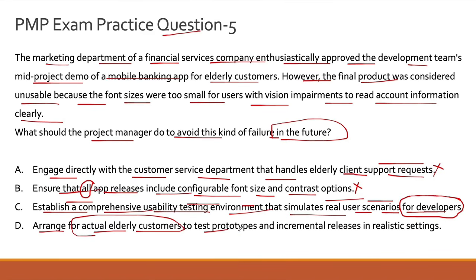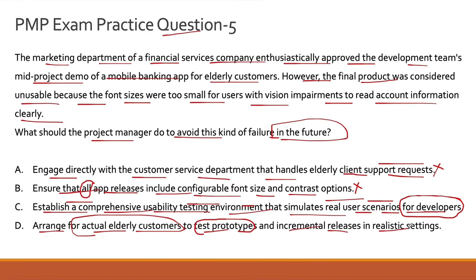To test prototypes, again, links back to our concept of MVP or minimum viable product, or MMF or minimal marketable feature that we have learned in question number 2 or 3 in today's session. And incremental releases in realistic settings.